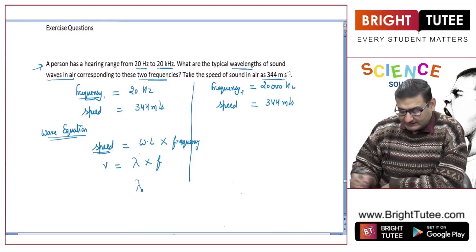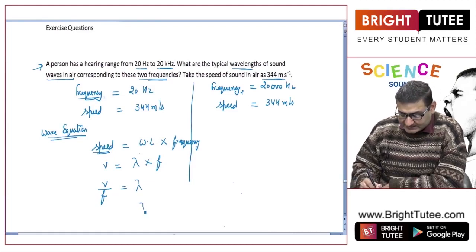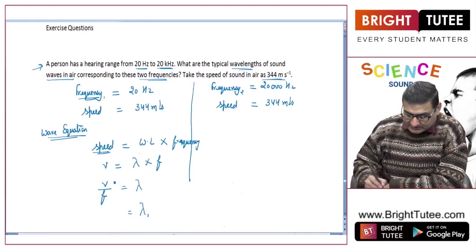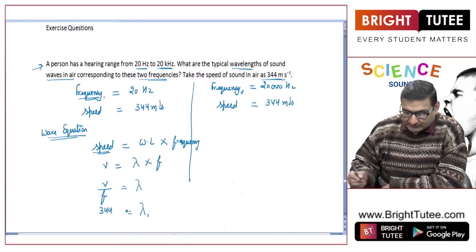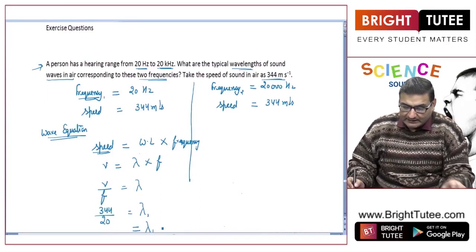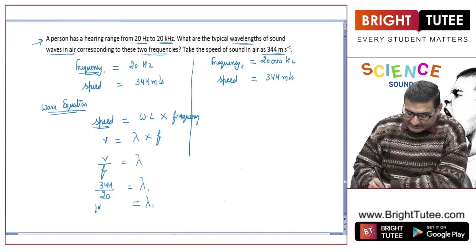We have to calculate wavelength or lambda, which will be calculated by the formula speed upon frequency. Right? Now, in the first case, calculating lambda for the first part, that is 20 Hertz, the velocity or speed is 344 given to us, and the frequency is 20 Hertz. Therefore, the lower end wavelength for the frequency of 20 Hertz comes out to be 17.2 meters.